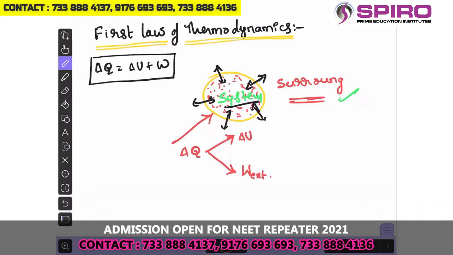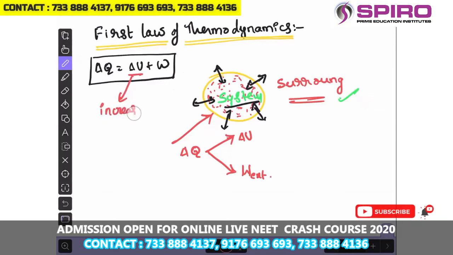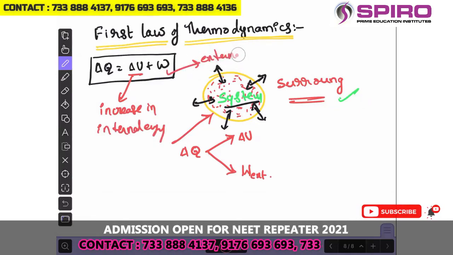And delta U is the increase in internal energy, and W is the external work done, right? This is what the first law of thermodynamics says.